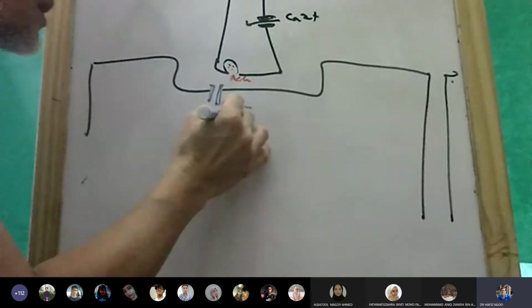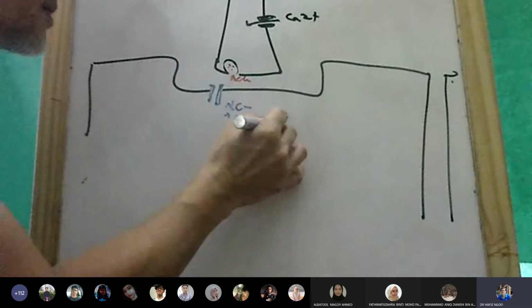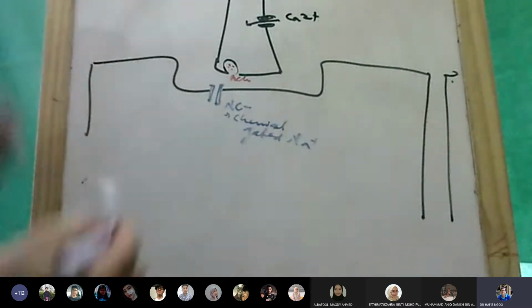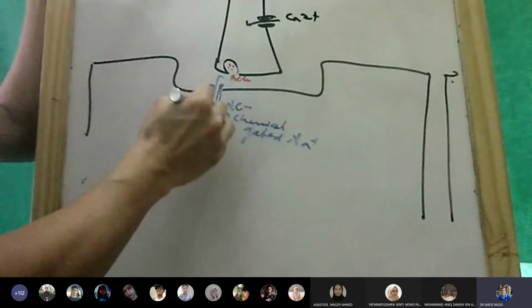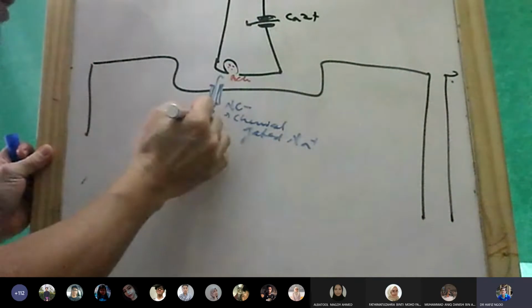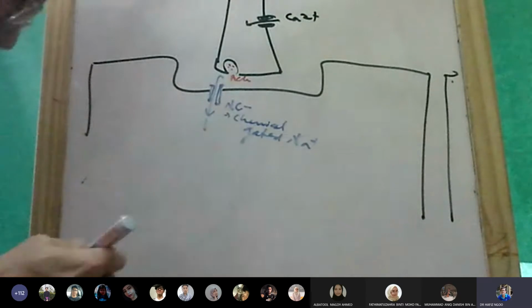So it is known as a chemical gated sodium channel, an ion channel that basically allows sodium through. And we know here is basically the skeletal muscle. So acetylcholine allows sodium to come in.